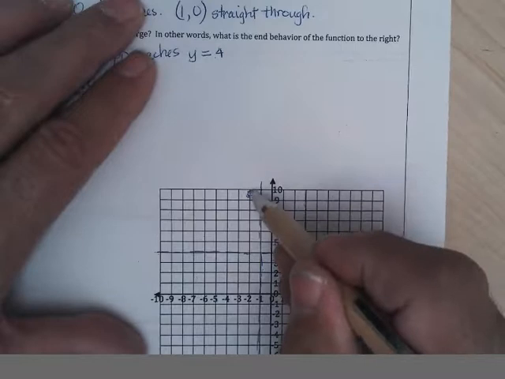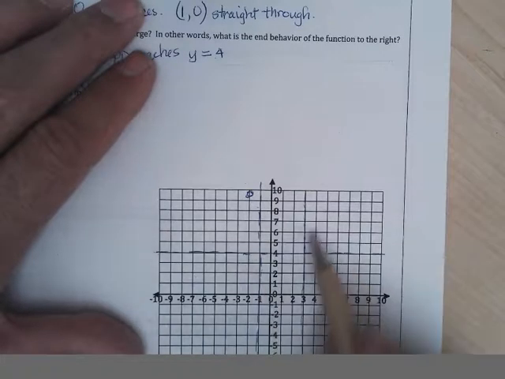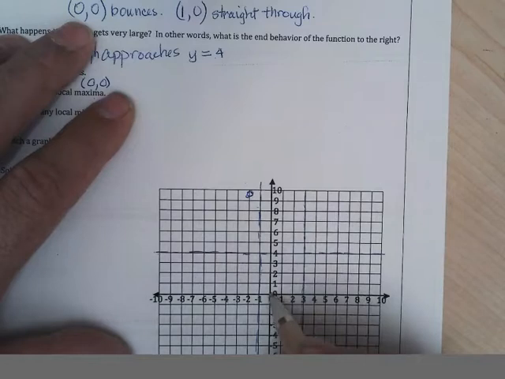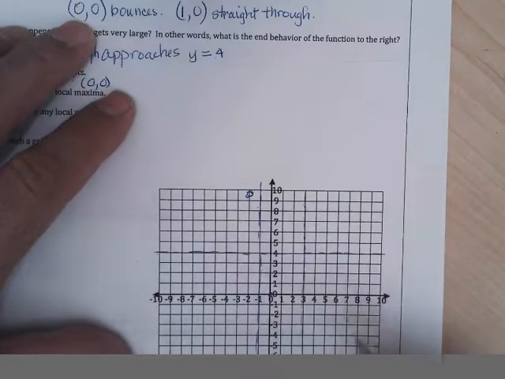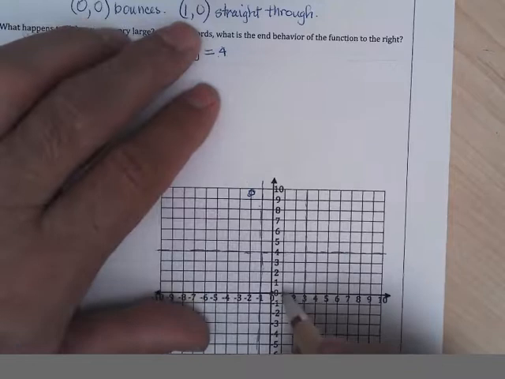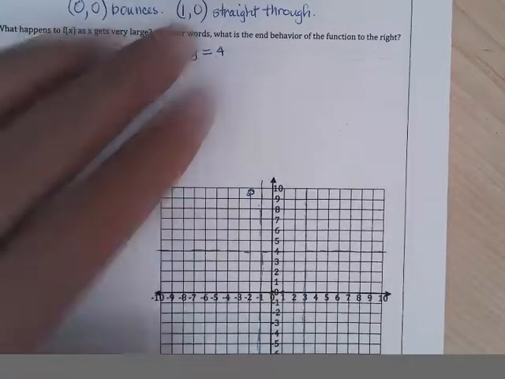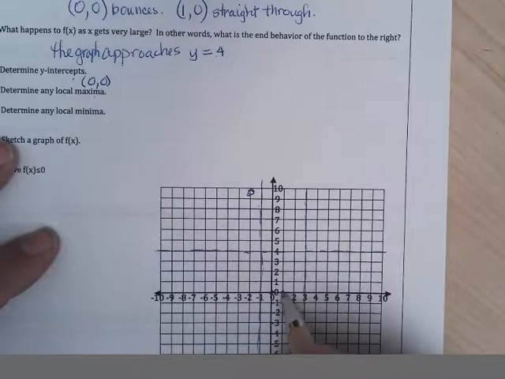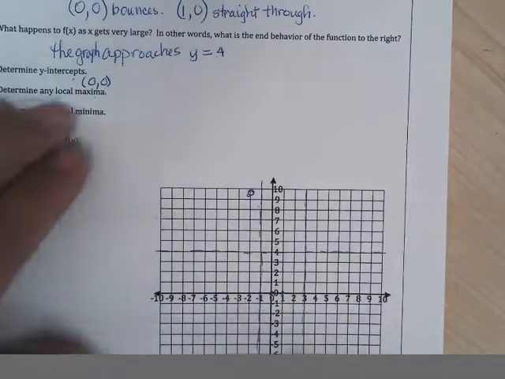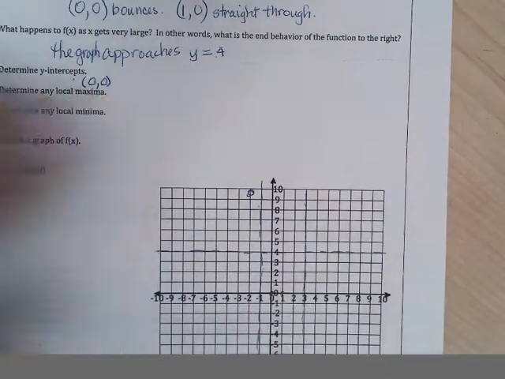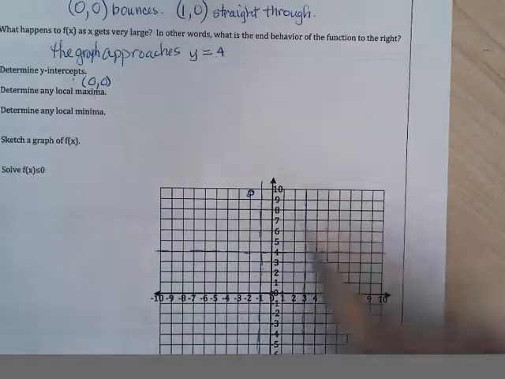So I should see a hole, and I should see these lines. And at 0, 0, it bounces, and it goes straight through at 1. Okay? So I should see these points on your graph. And y-intercept is 0.